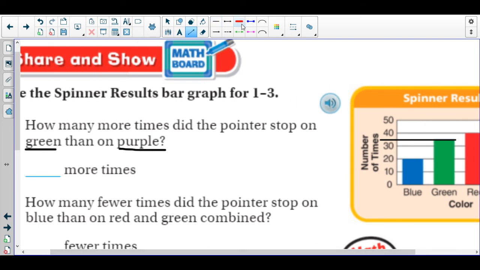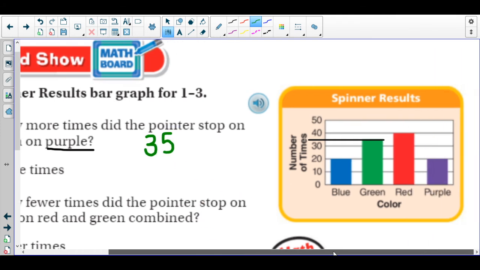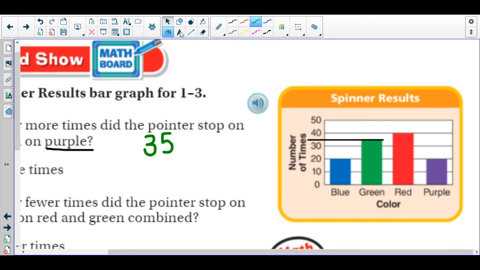So green was 35. And then purple looks to be, that's right there on that line, looks to be 20. So we'll go ahead and get the 20 right here.